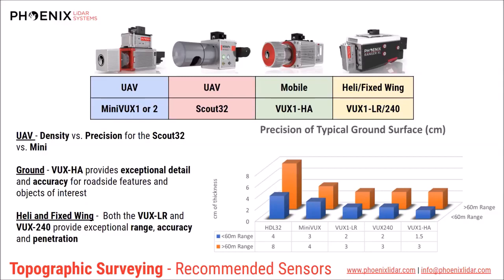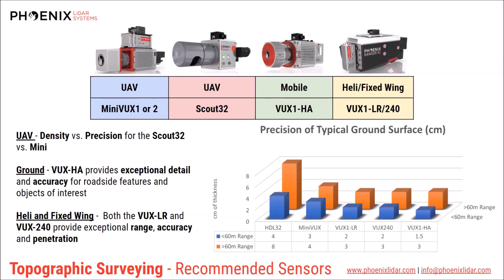For the mobile side of topographic surveys, these are generally roadside surveys, so detecting not only above ground features, but also a very tight understanding of the ground around perhaps highways or streets or other things that may be interesting in terms of the Department of Transportation or a similar field. The VUX-1HA provides exceptional accuracy and detail, and especially at the ranges that you generally see for mobile acquisitions, the VUX-1HA blows most other sensors out of the water.